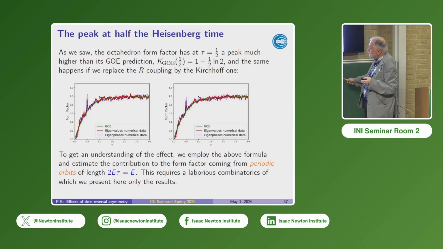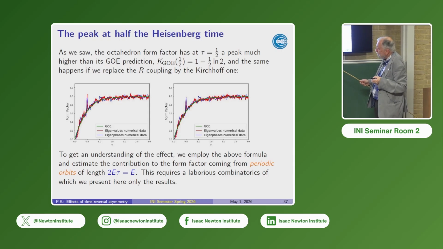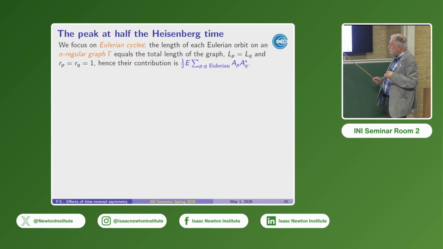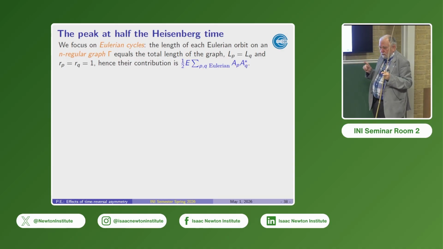In our case, E is 12 and tau is 1/2, so it is just 12. And of course that's a rather complicated thing, because there are many periodic paths. We concentrate on one particular class, which are Eulerian paths. This is still in the diagonal approximation.